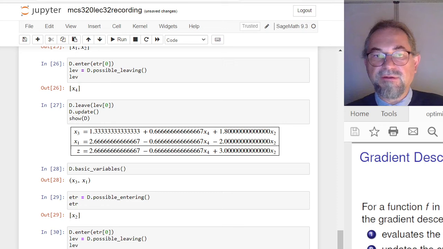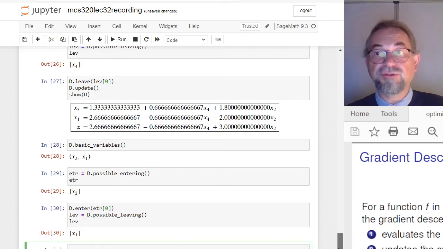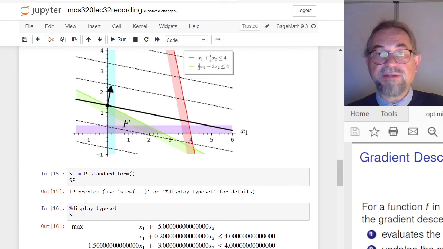So if this enters, what I was expecting to have left would have been x3, but it's not. If you look now geometrically, I'm actually finding my optimal point when x2 is 0.